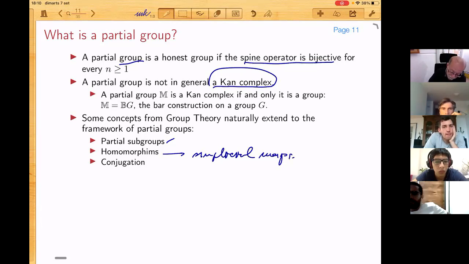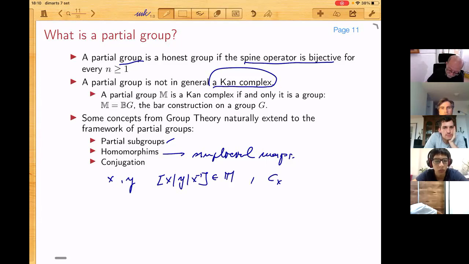To start with, we don't need a new definition. A homomorphism is just a simplicial map. Conjugation is defined in the usual way, but you have to be careful to have the necessary simplices in order that conjugation is defined. If you want to conjugate X and Y, then you need a simplex of this form to be in your simplicial set, and then you can define this as the product of these elements, which is X, Y, X inverse, right?